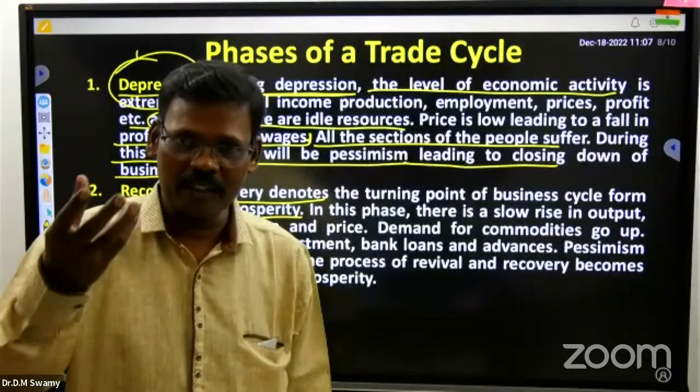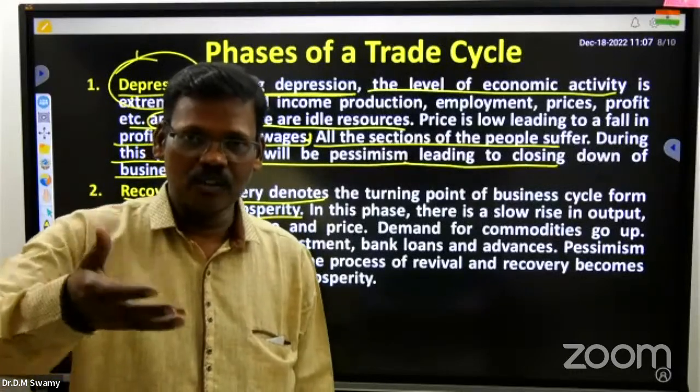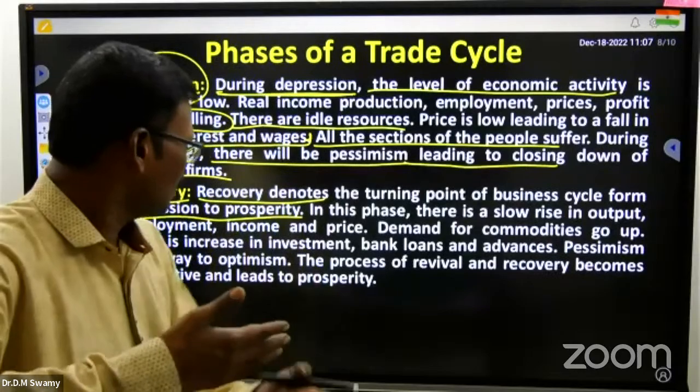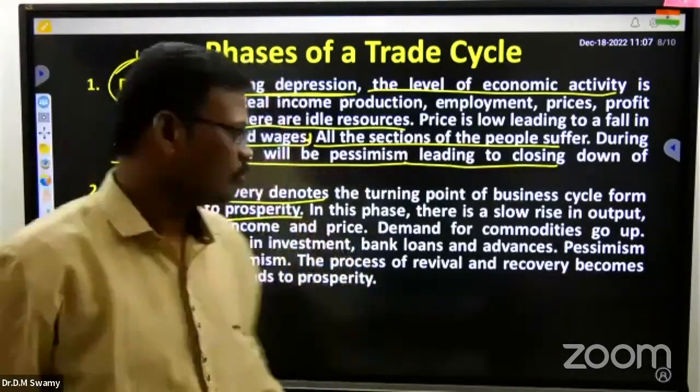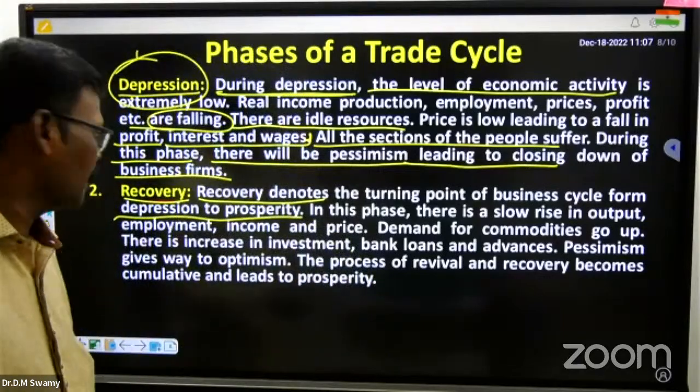When people have income, automatically the demand for goods and the purchasing power of the people increase in the economy.